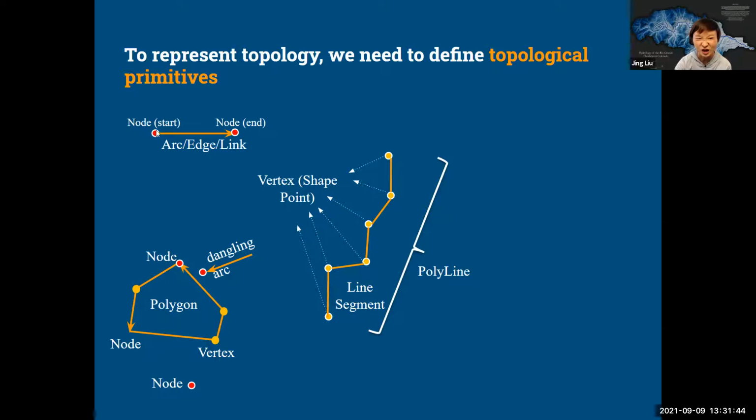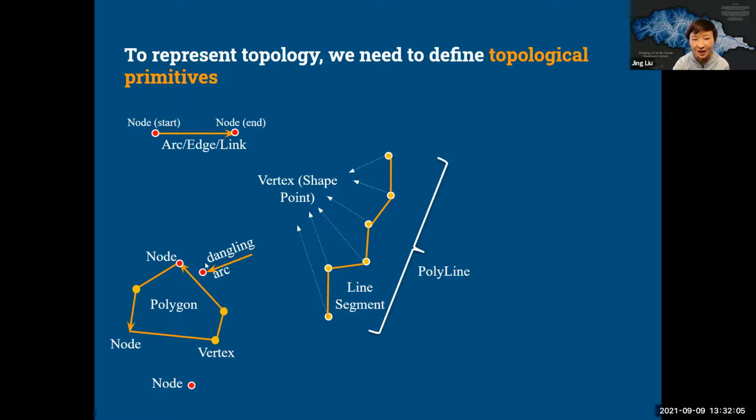So for example, for your start point and endpoint, we call them nodes. Okay, and if a point is used to define the shape of your lines, we call it a shape point or vertex. Okay, or vertex.